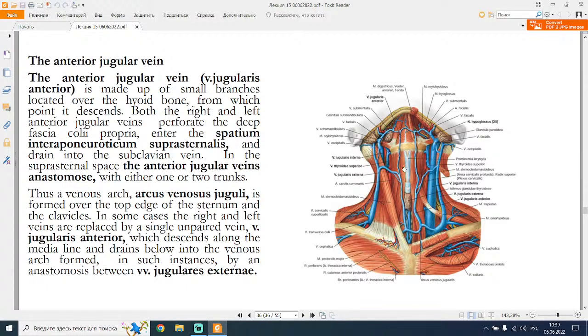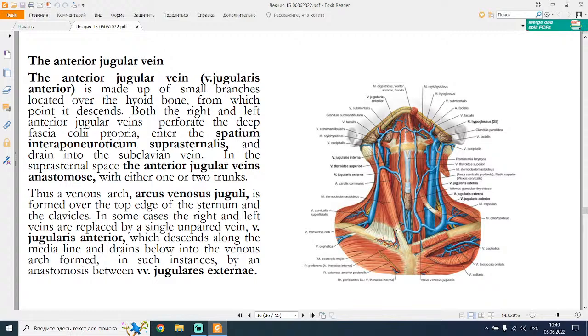In the suprasternal space, the anterior jugular veins anastomose with either one or two trunks. This venous arch, arcus venosus juguli, is formed over the top edge of the sternum and the clavicles.